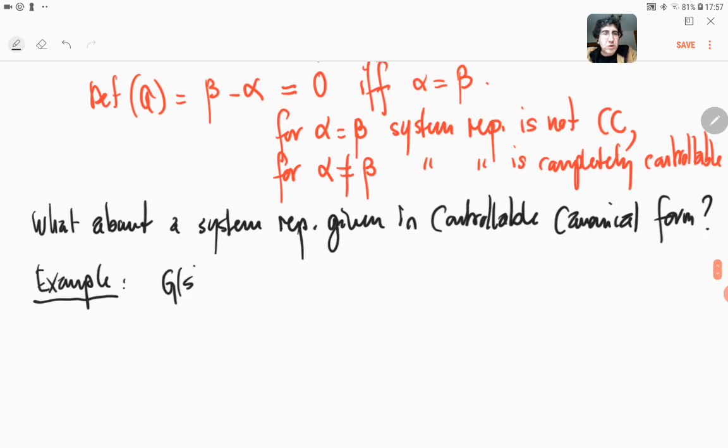and put it into its controllable canonical form. So G of s, let's say it's given by s plus 1 over s cubed plus 0.1 s squared plus s plus 10.